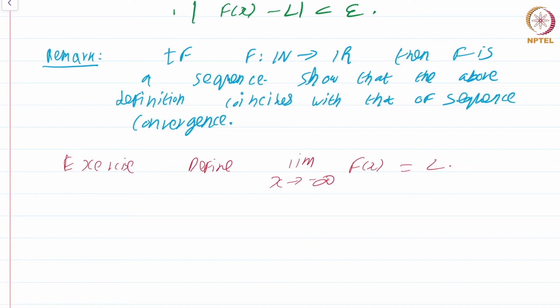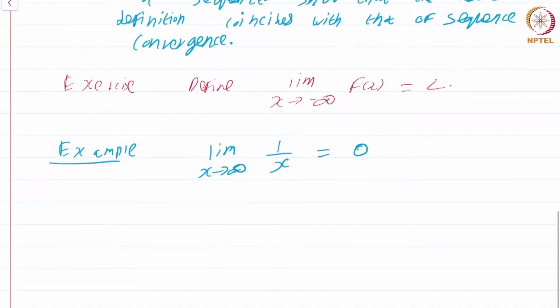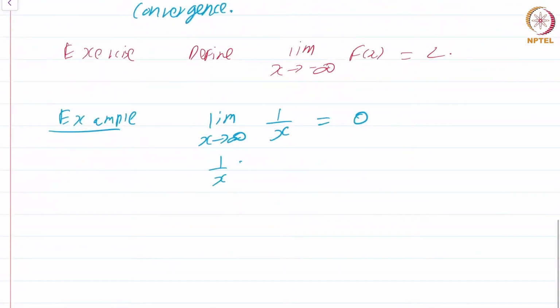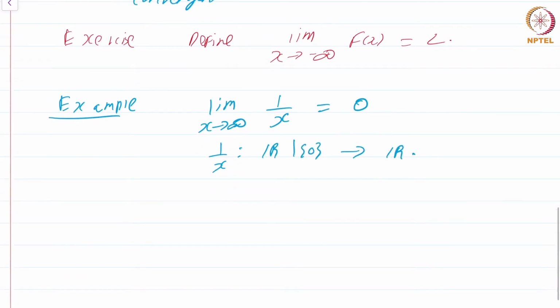Okay, so example. So let me use a different color. Example. Limit x going to infinity of 1 by x is 0. Okay, so 1 by x is of course defined on R set minus 0 to R. Okay, how do you solve this?